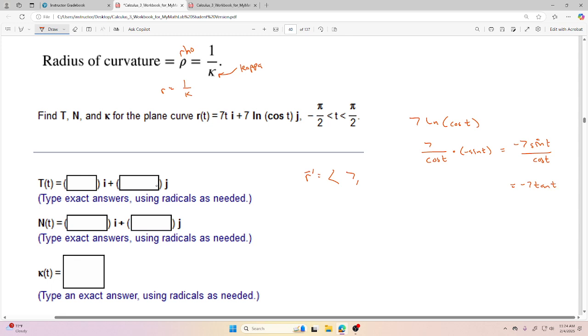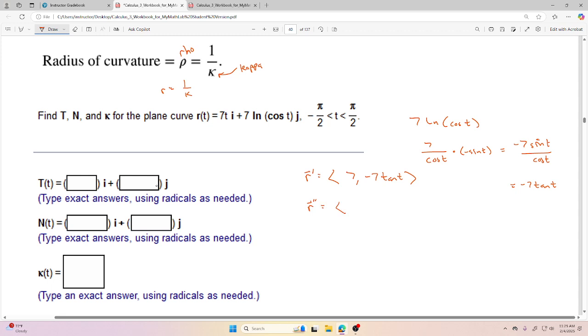Did you say that? Oh, okay. Cool. I see what you mean. So negative 7 tangent t. And then that's it. We only have 2D here, so at least it's not that bad. Let's go ahead and find R double prime just in case, because we might have to use it.